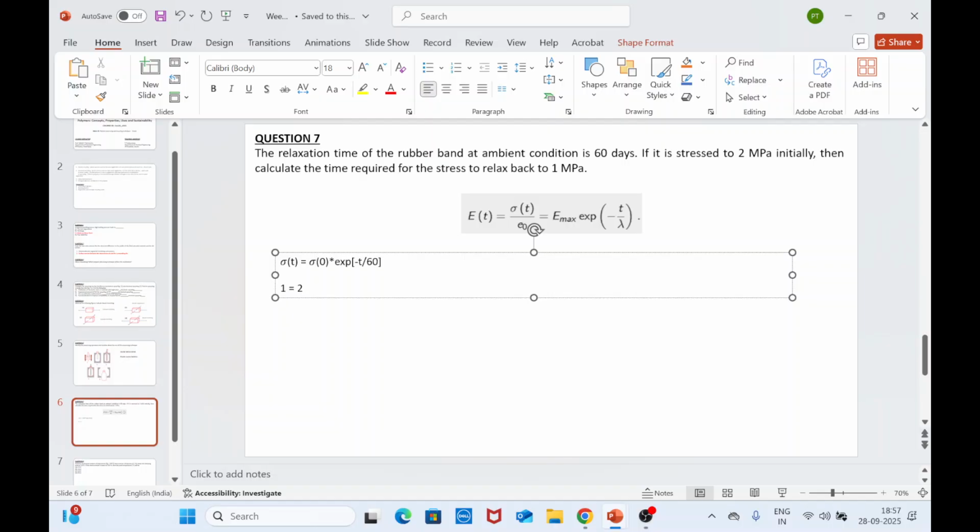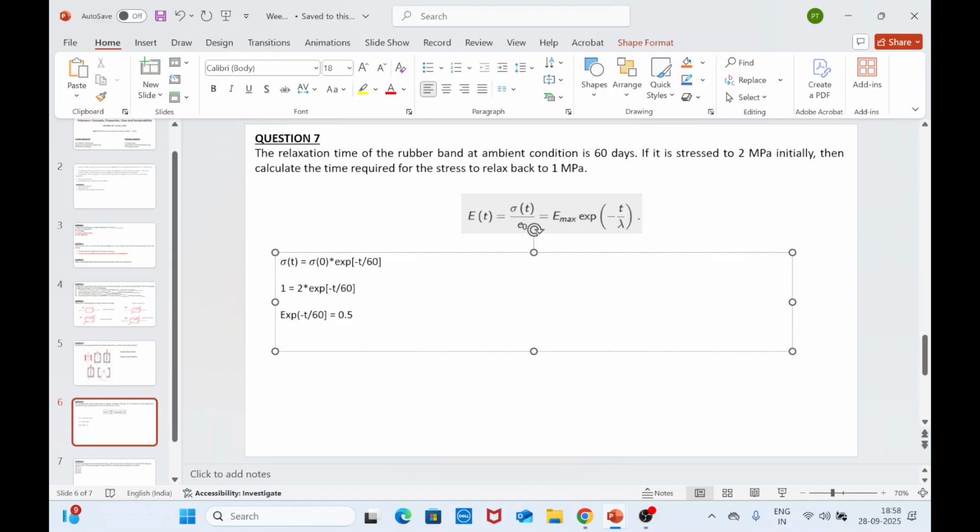So 1 equals 2 times exponential of minus t by 60. So exponential of minus t by 60 is going to be 0.5.